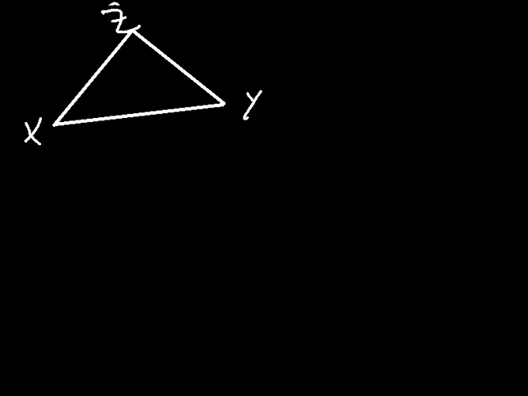Let's say this is 10 meters, this is 20 meters, and this is 30 meters. Now the point of interest is that we should calculate the values of the internal angles, and also the area of the triangle as well.